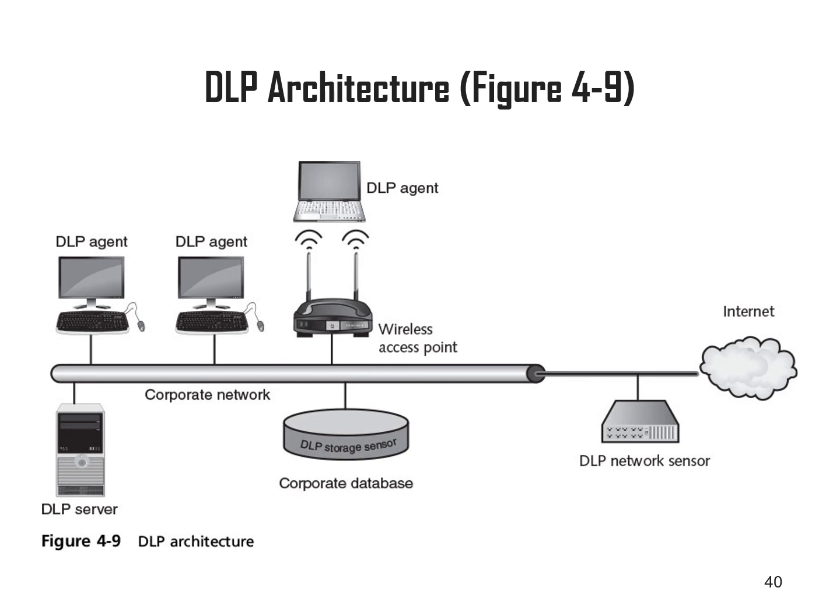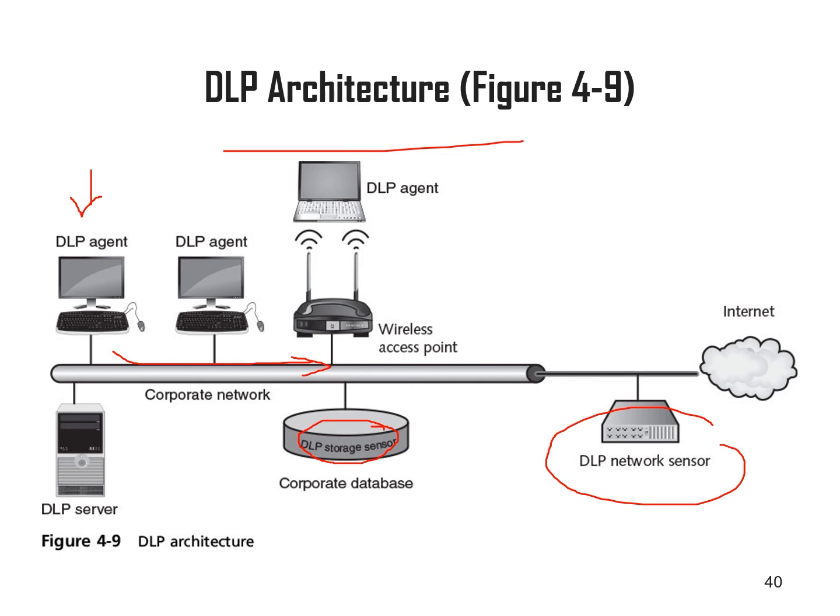This is the architecture of DLP. The DLP agent is installed on a desktop to protect the data in use. Similarly, I can use a DLP storage sensor to protect data at rest. If I am transmitting data over the network, I can use a DLP network sensor that will protect the data in transit. So this is the simple DLP architecture.